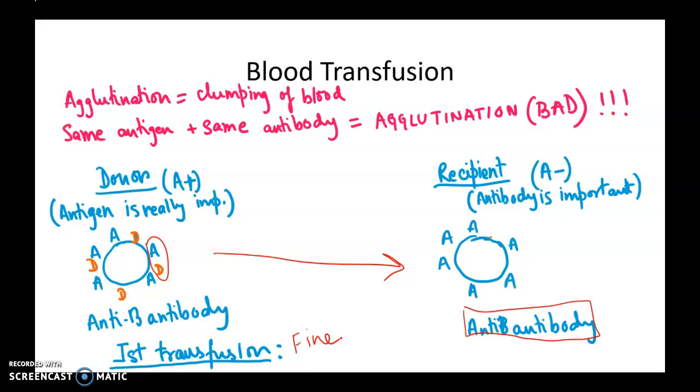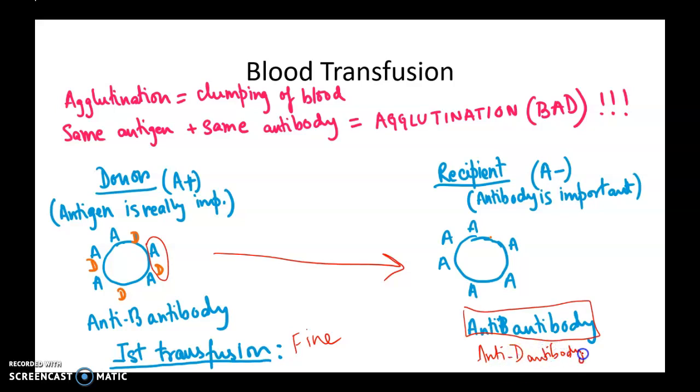And remember, our body makes antibodies against foreign materials or foreign antigens, right? So the recipient's immune system will consider the D antigen as a totally foreign antigen, and it will make some anti-D antibody in response to that.